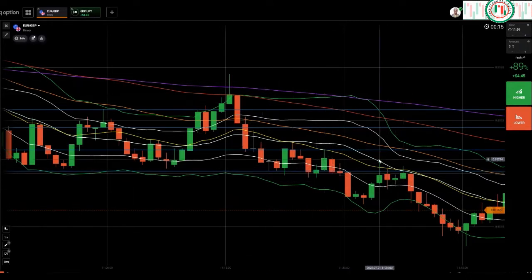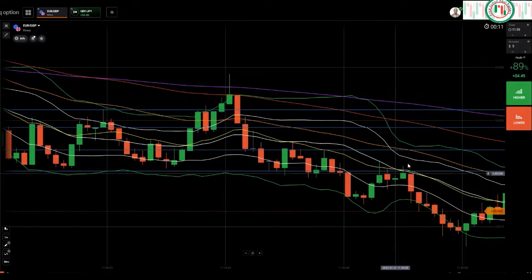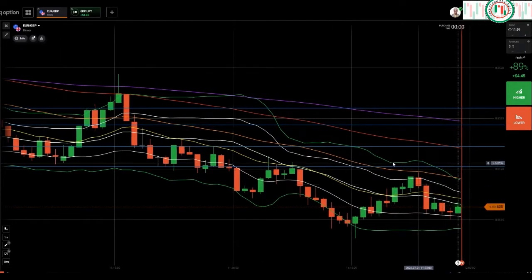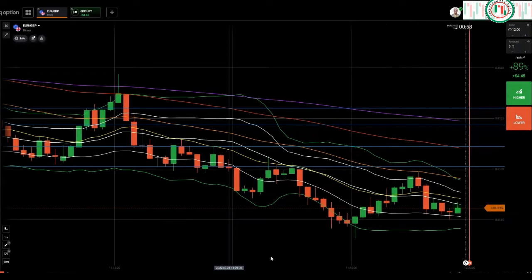You see market touch here, rejection. You see rejection. You place put option. You see another rejection. Put option if you know running candle, but if you don't know running candle, just trade this one only. Then here, wait for market to go inside here. Then you place your trade.